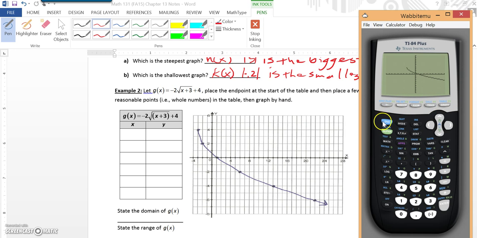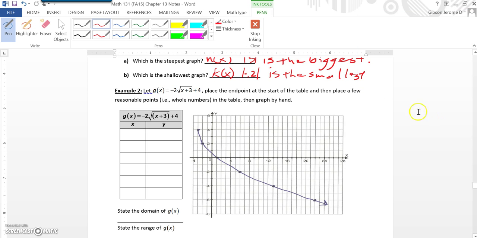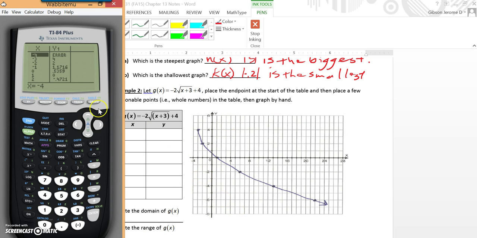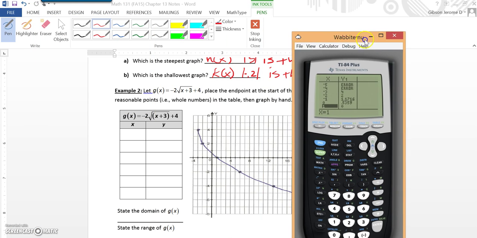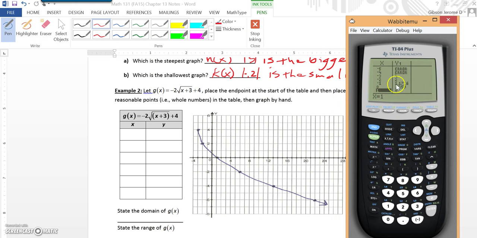So what we could do is this here to get other values. We could press second and then graph, and it will give us our table. If we go up, you notice we get an error from here on out. So our endpoint here would be negative 3, 4. And then we could pick some other values here. Personally, if I was picking these values, I would pick values that would give me whole number answers.